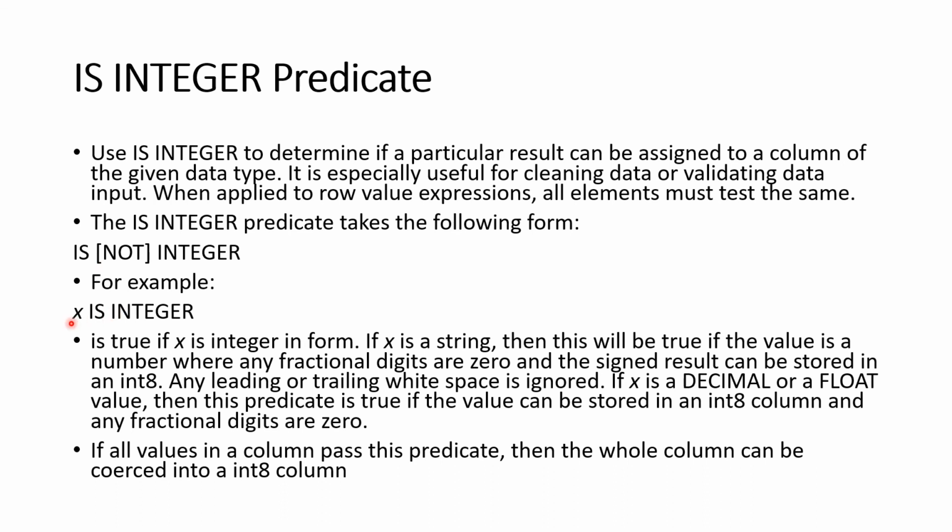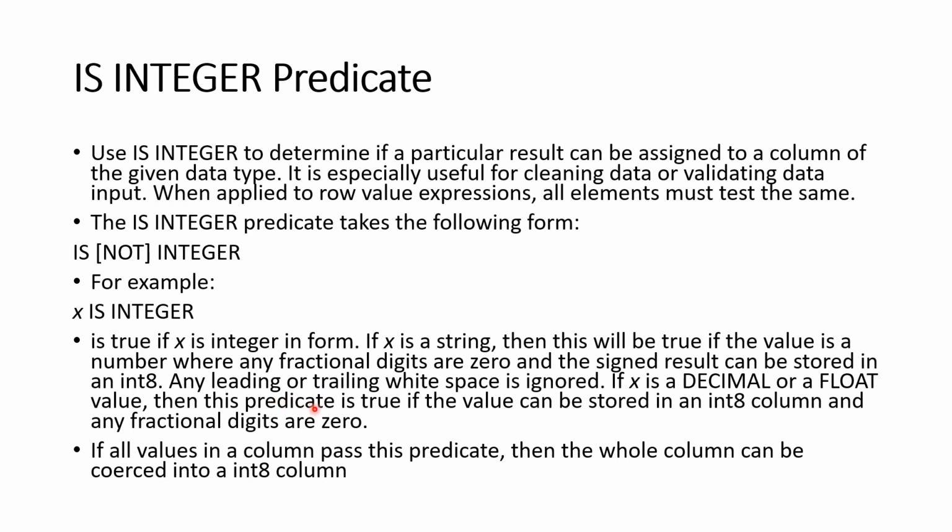So if we are taking this for a variable, suppose x, then x is integer is true if x is integer in form. If x is a string, then this will be true if the value is a number where any fractional digits are 0 and the signed result can be stored in an integer.